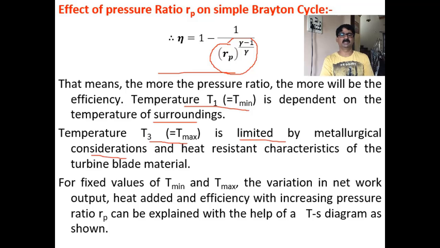Depending upon the material you are selecting, you have to fix what should be the maximum temperature in the turbine, and also the metallurgical as well as heat resistant characteristics of the turbine blade material, because the turbine has to withstand this high temperature. So based on these characteristics, you have to fix the value of T3. So for fixed values of T min and T max, that is T1 and T3, for the simple Brayton cycle, the variation in net output, heat added and efficiency with increasing pressure ratio can be explained with the help of a TS diagram.